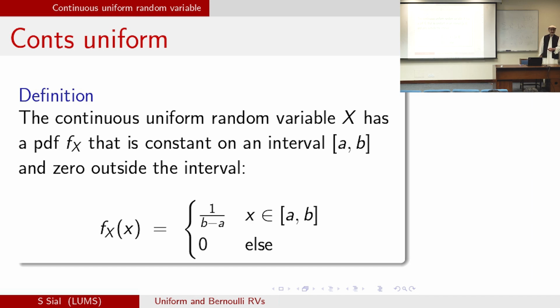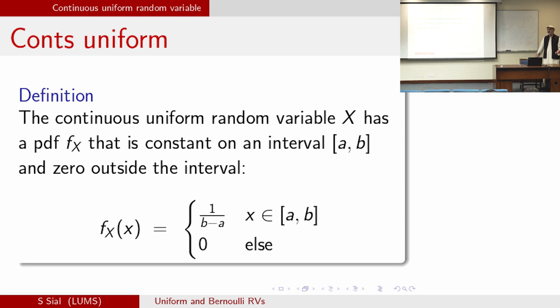That's what makes it continuous, right? And now we don't talk about a PMF, we talk about a PDF, a probability density function. Before it was the probabilities which were all the same. Here it's the probability densities which are all the same. Okay? So on the interval from a to b, the probability densities are the same.